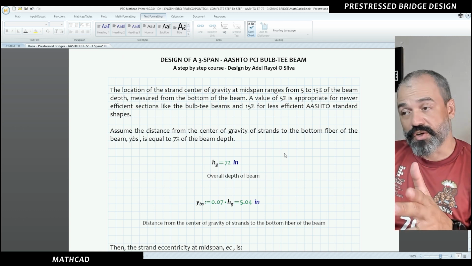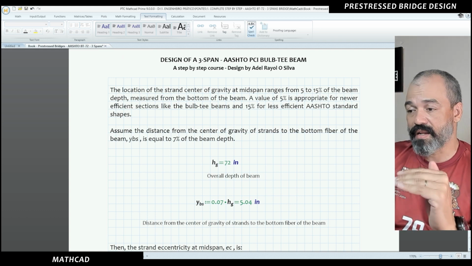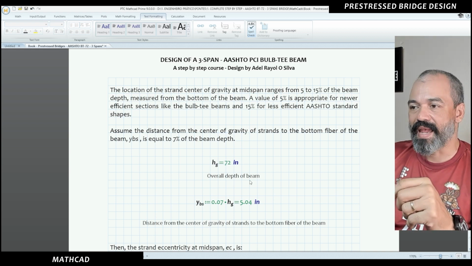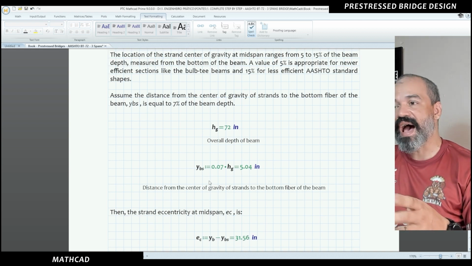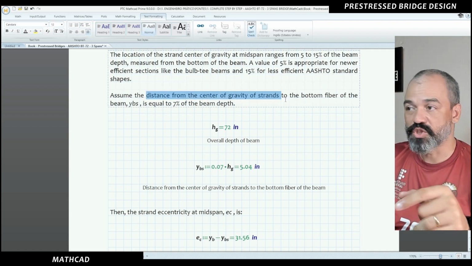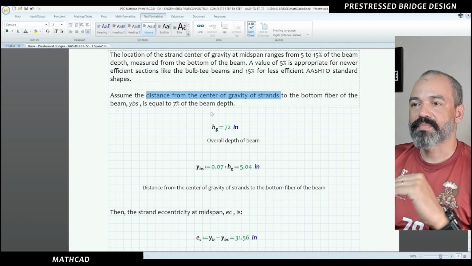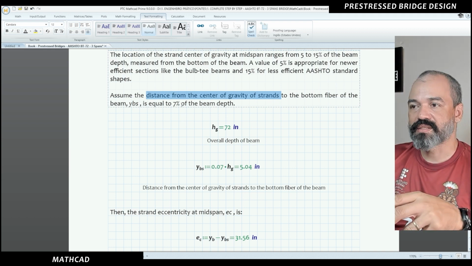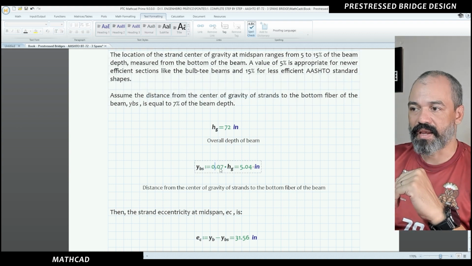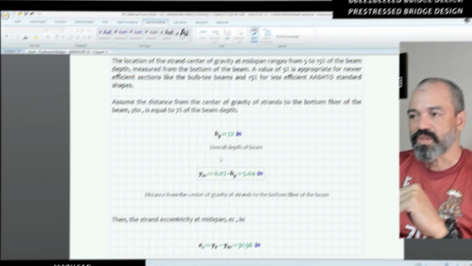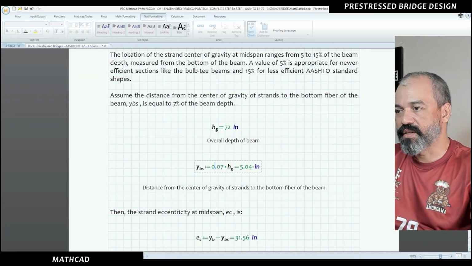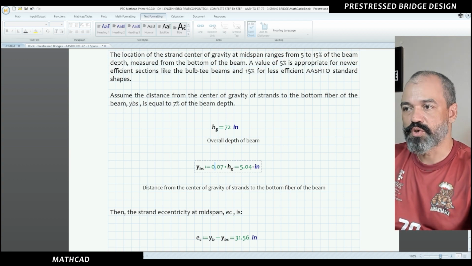Since our girder has an overall depth of 72 inches, and we are assuming that the distance from the center of gravity of our strands to the bottom fiber of our girder is 7% of this overall depth, 5 inches. Let me draw it in order to be clear for you guys.